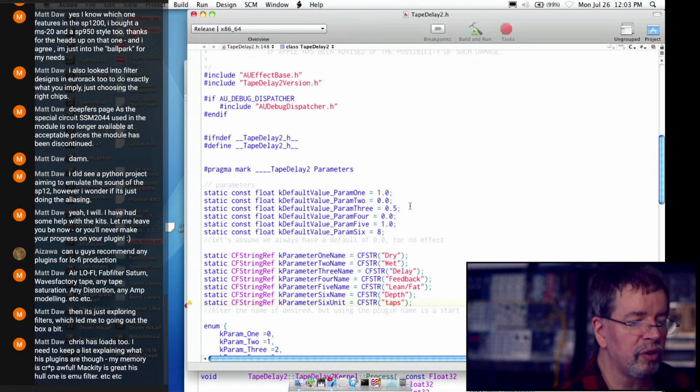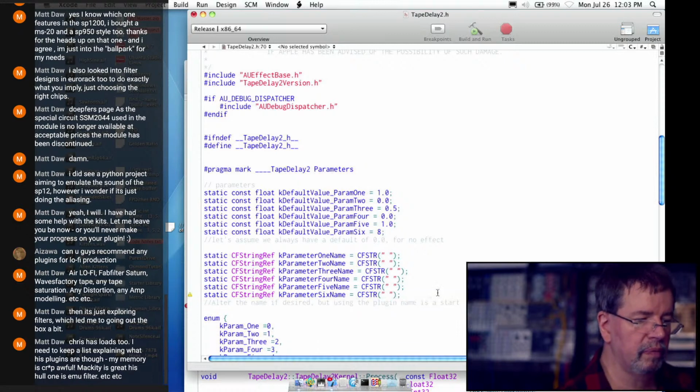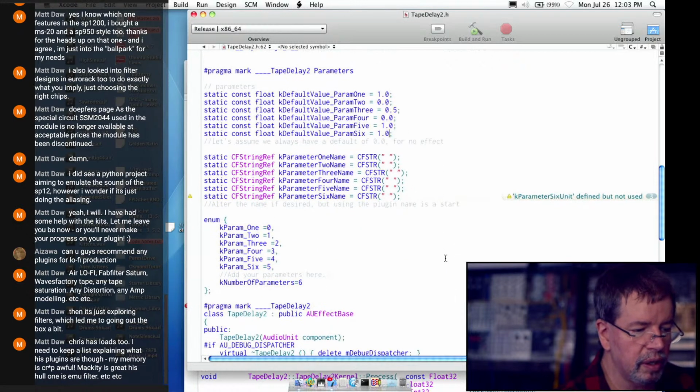Okay, somewhat unhelpful, but whatever. All of this stuff goes bye-bye, and we're not actually using that. And this stuff all becomes just generic.